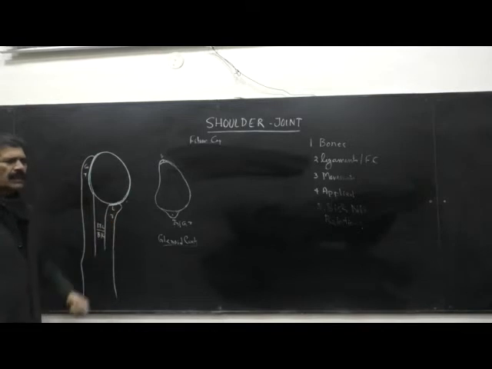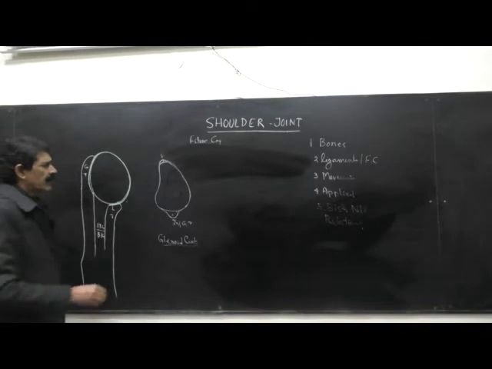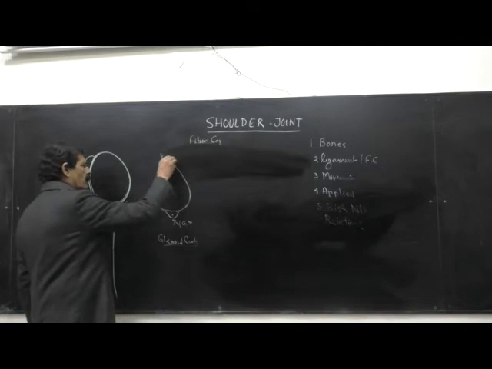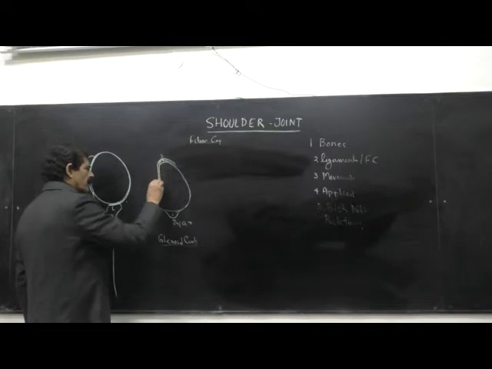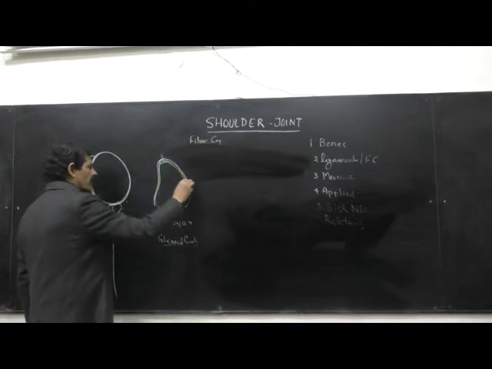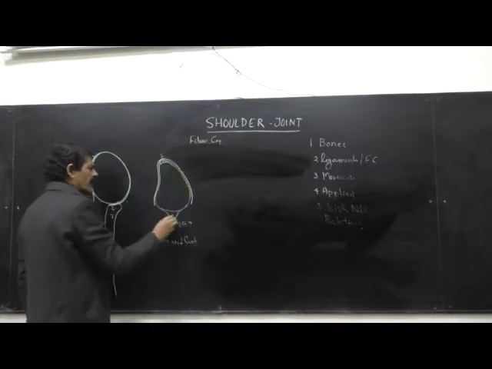And on the scapular side, the fibrous capsule is attached a little bit away from the bony rim of the glenoid cavity, in such a way that the supraglenoid tubercle is intracapsular, while the infraglenoid tubercle is extracapsular.